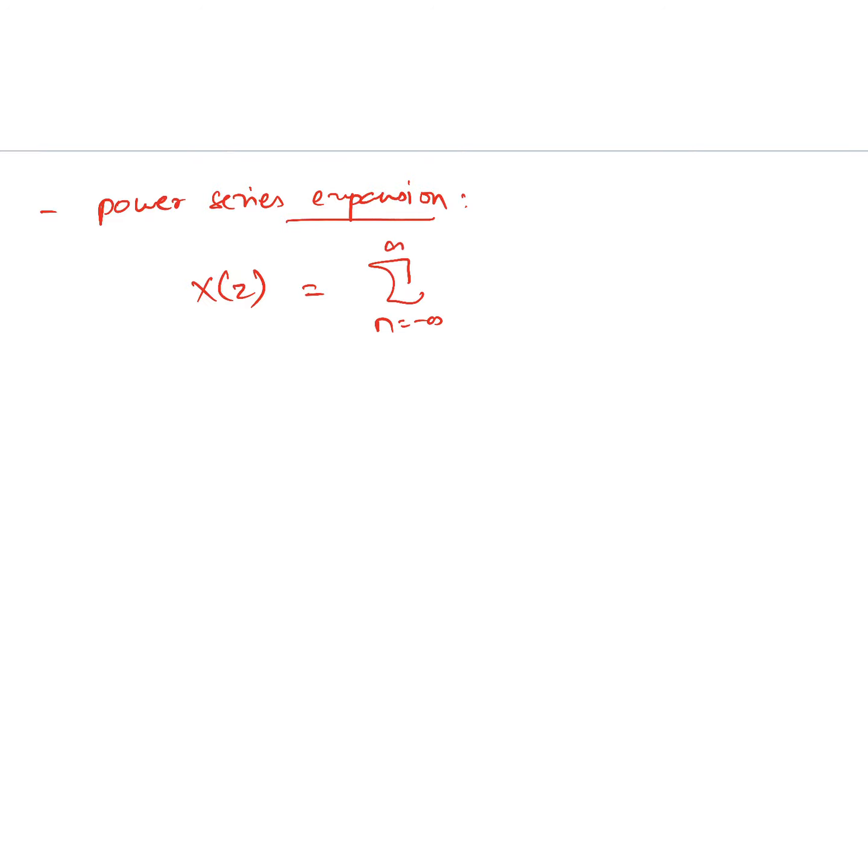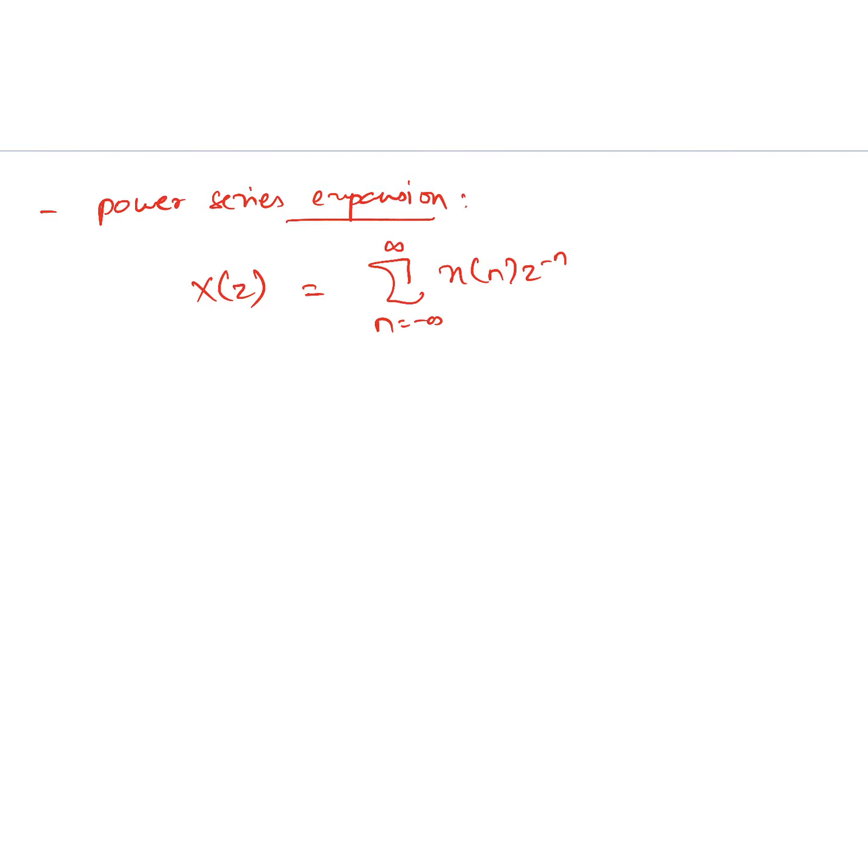Now another thing is you can compute the inverse Z transform by the power series expansion, which is also a quite powerful method. We have seen that you compute x of z as the summation over n from minus infinity to infinity of x of n z to the power minus n.